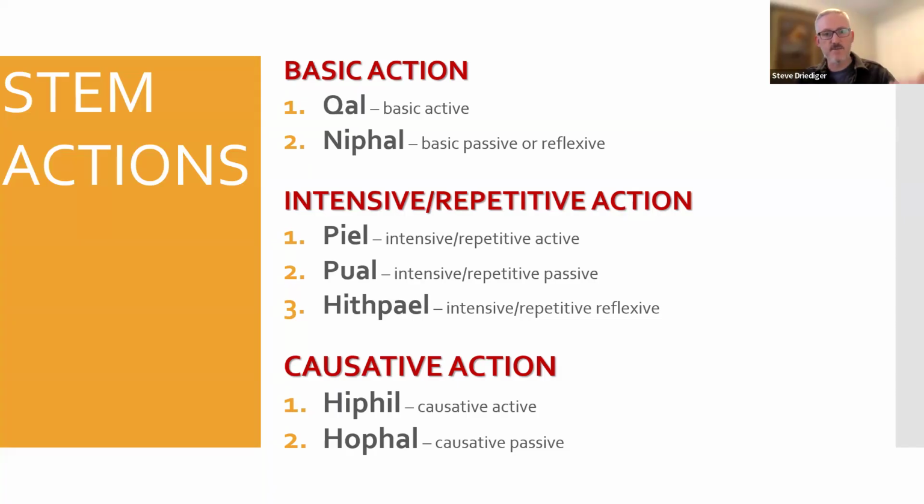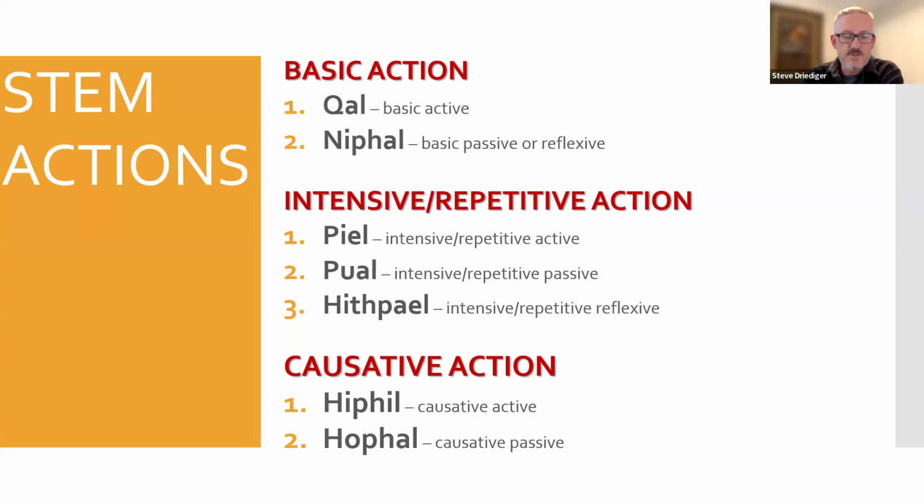And again, in that same intensive or repetitive way. So let me go back to Pual and correct myself a little bit. Pual would not be he intensely killed himself. Pual would be he was intensely killed, or he was repeatedly killed. The Hithpael would put that into the reflexive state: he was brutally killing himself, something like that. So that's the intensive repetitive.